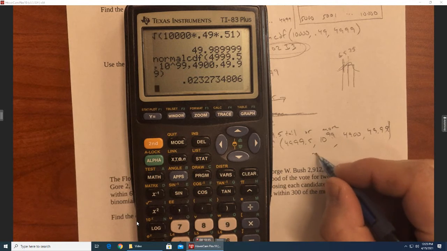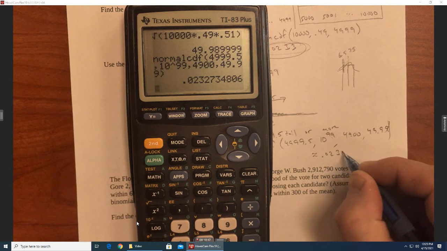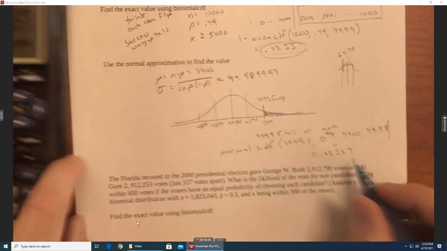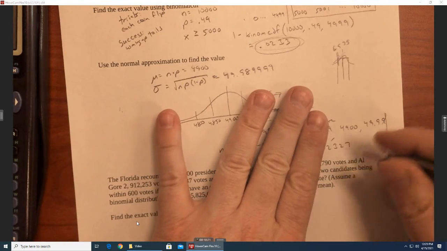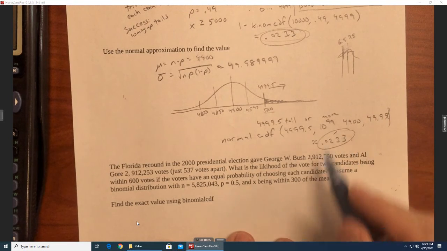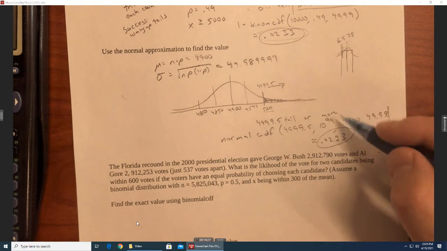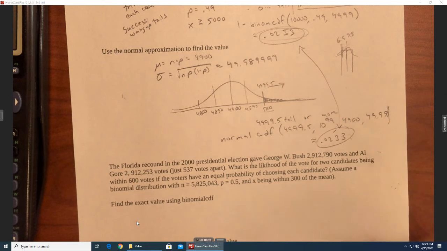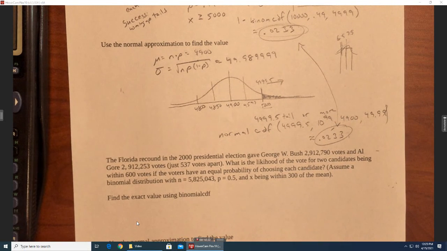This is approximately 0.02327. If I rounded that to 4 decimal places like I did the first one, you can see we get 0.0233 compared to the 0.0233. That looks like a pretty good estimate to me.